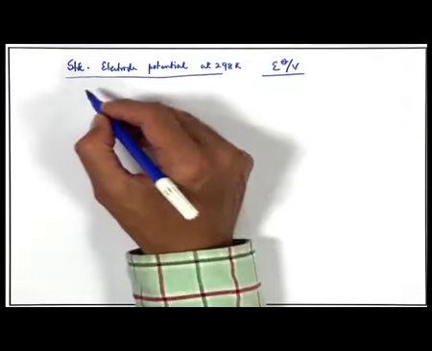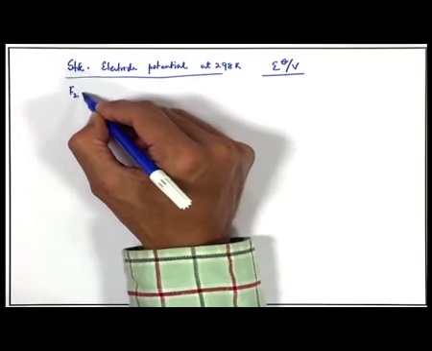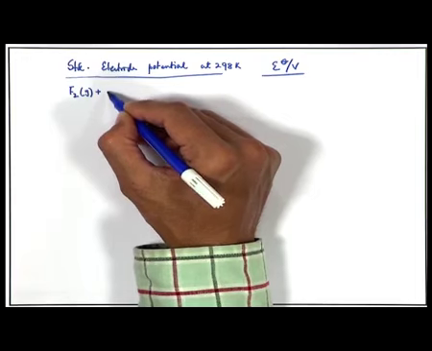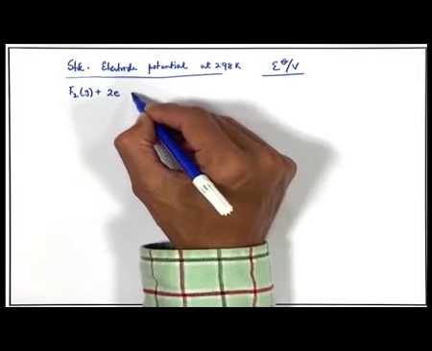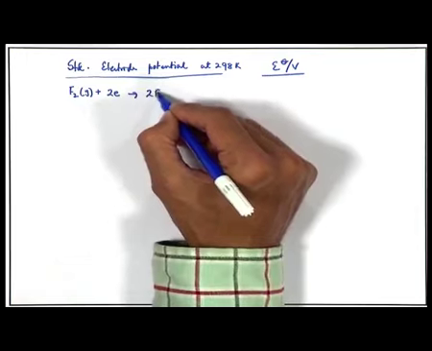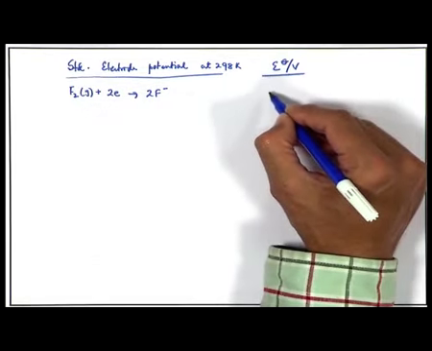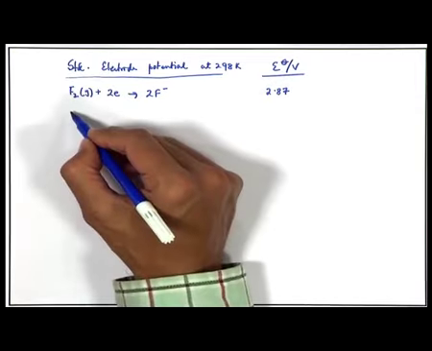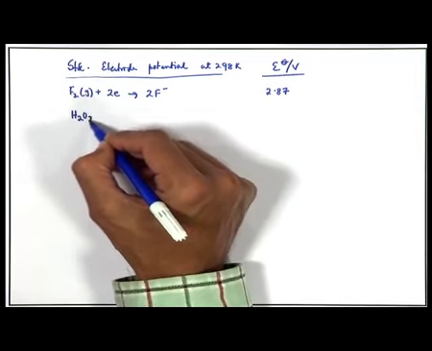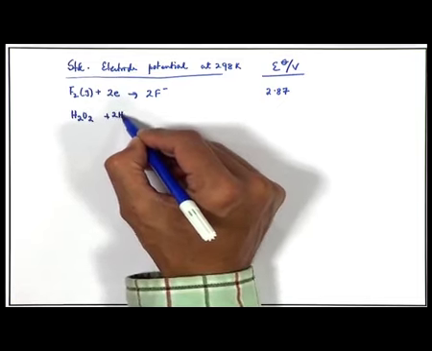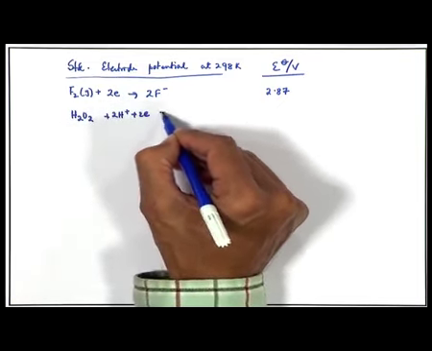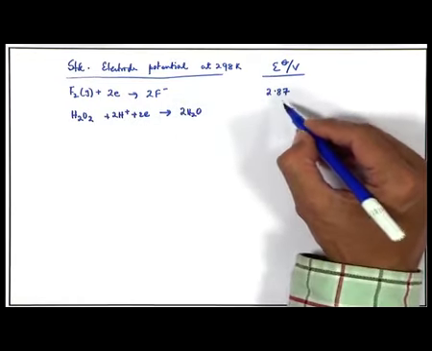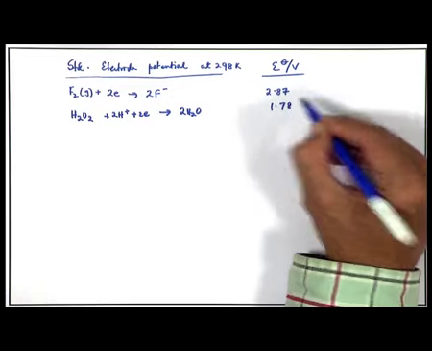If the reaction is F2 gas plus 2 electrons gives 2 F minus, its value is 2.87. Then take another: H2O2 plus 2H plus plus 2 electrons gives 2H2O. Okay, its value is 1.78.